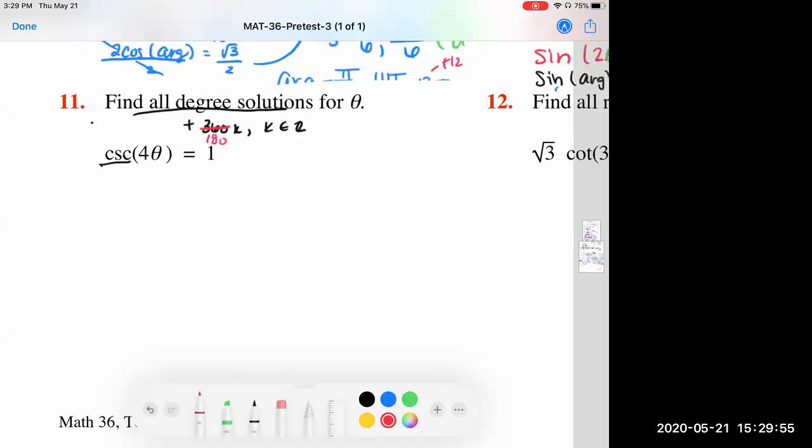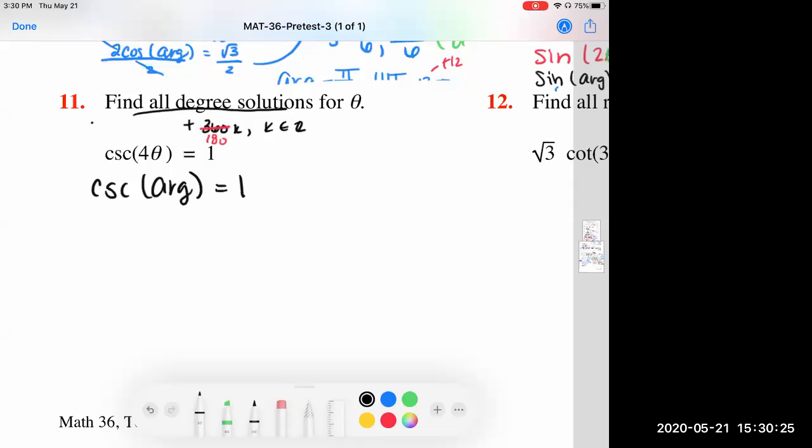But we'll see this. So let's go ahead and work this out. So cosecant of 4 theta equals 1. Let's change that 4 theta to an arg. Now, I don't have an interval because it wants all solutions, so I don't have to worry about that. I just need to find my answers within the unit circle. So cosecant of arg equals 1.